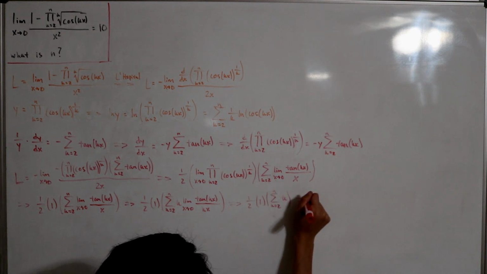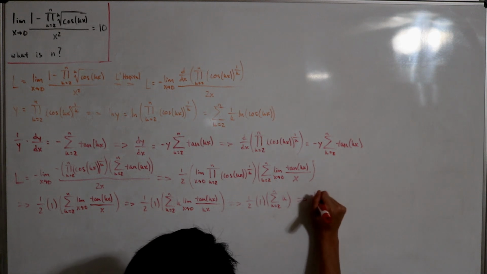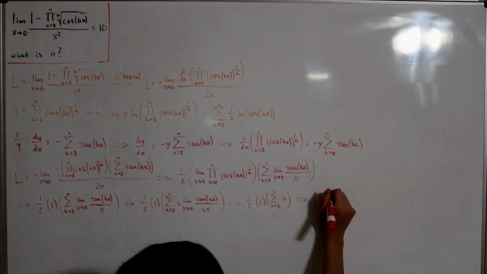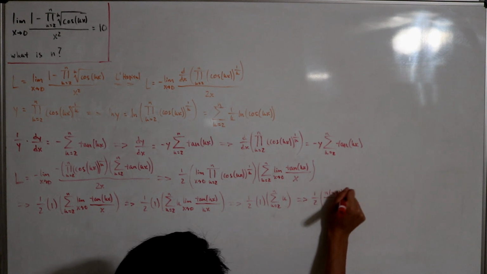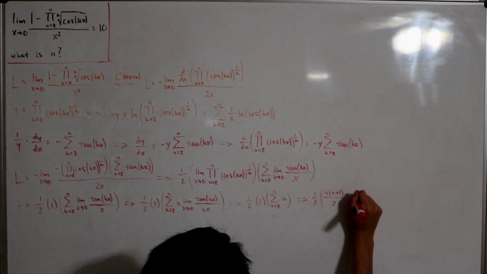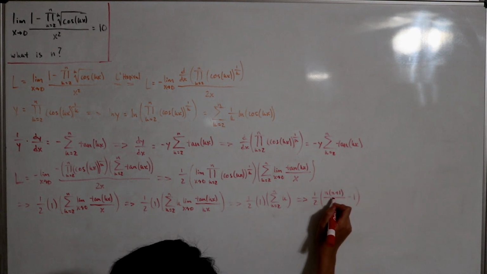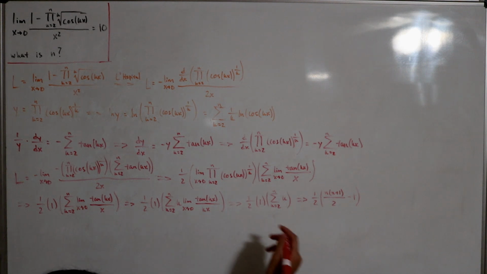Then you use the rule for the sum of k numbers, which can be written as 1/2 times n times n plus 1, divided by 2. But since our index starts at 2, we have to consider the term for 1. So we have to subtract 1, because this is the general formula when you start with k equals 1, but since we start at k equals 2, we have to subtract that.